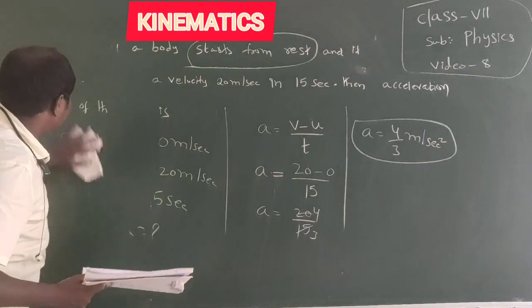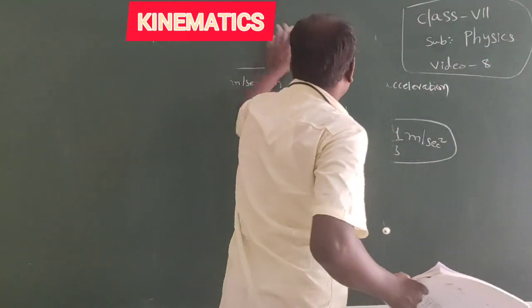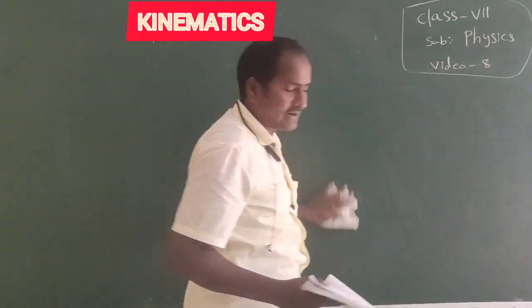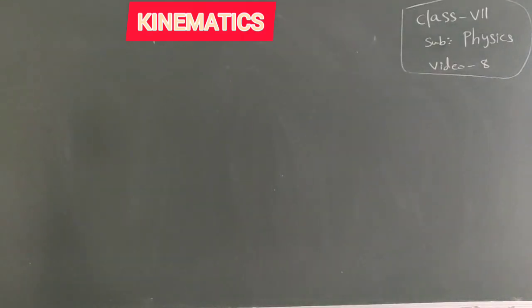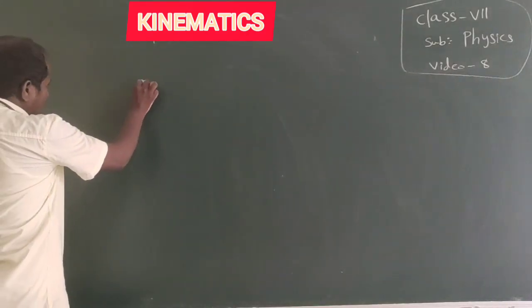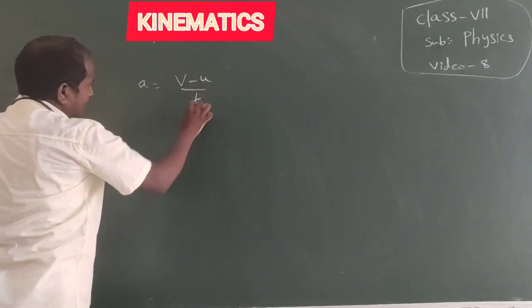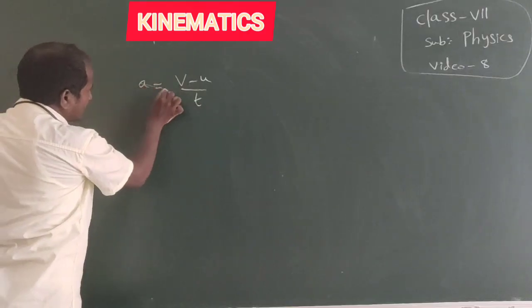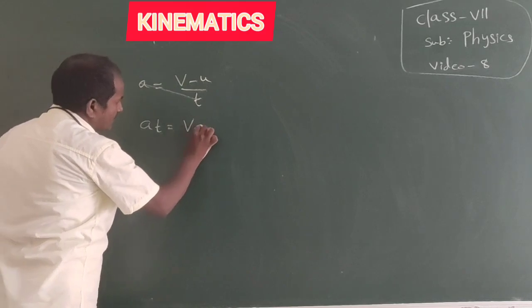Next model is how to find the final velocity if acceleration, initial velocity and time are given. Here a equal to (v minus u) by t is the formula. From this equation we cross multiply: a into t equal to v minus u.